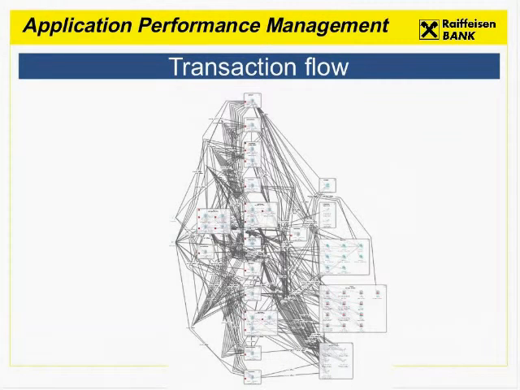We are using JBoss, WebSphere Message Broker, WebSphere MQ, web services, remote method invocation, a lot of Oracle databases. That means you can see that more than 20 servers have to work together to give the service the right response time.